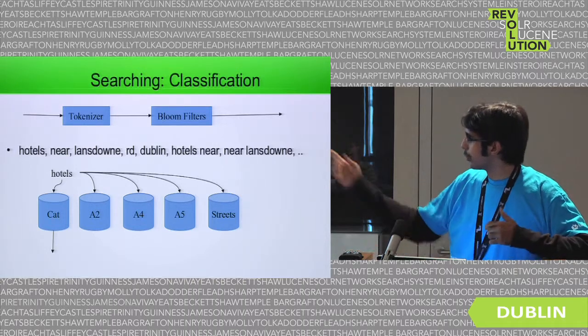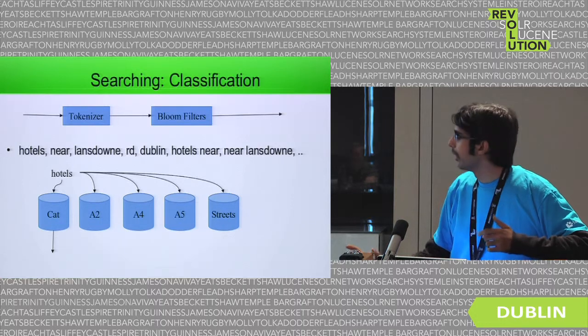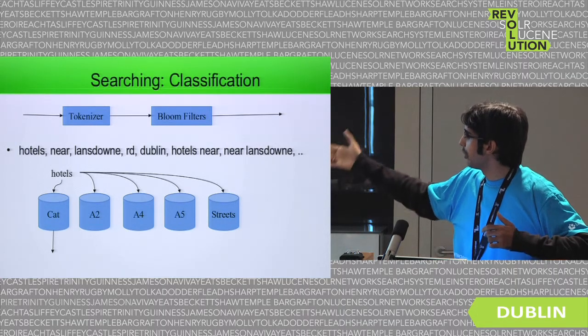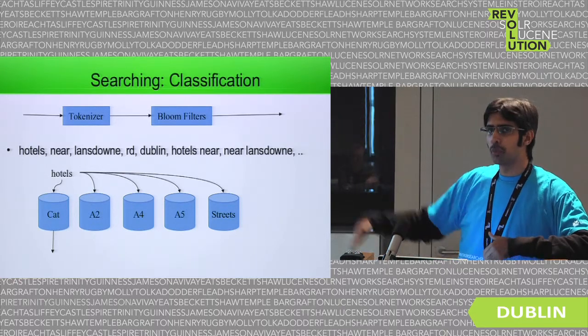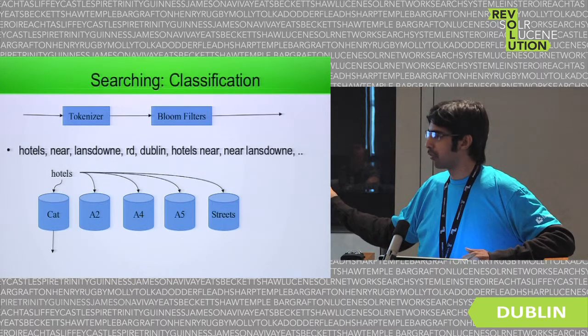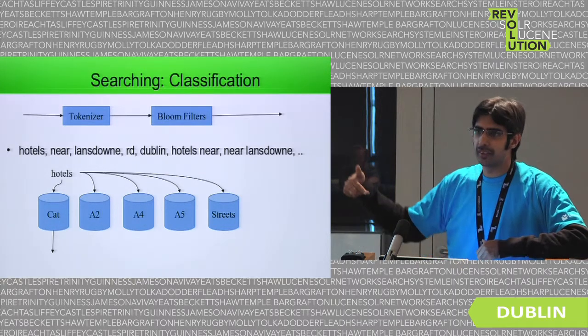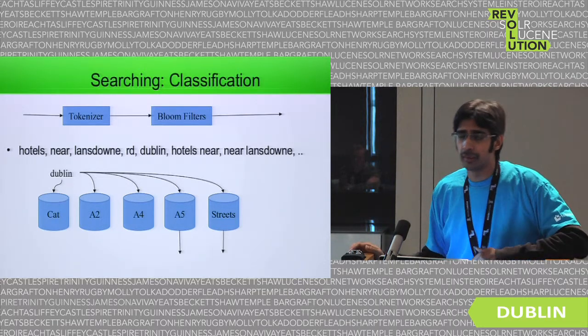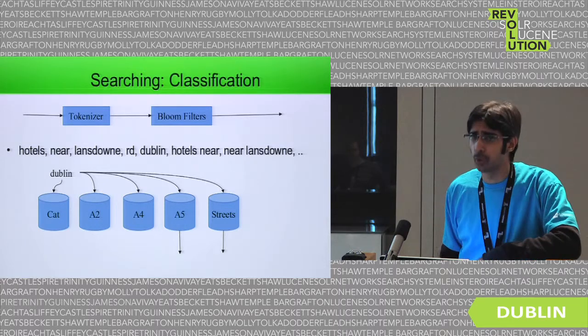So category is one of the fields in the places of interest, then the administrative areas 2 through 5, and streets. Given each shingle, we try to pass them through the Bloom filters to understand which of the possible fields it could belong to. The Bloom filters are populated at the beginning using the term query component of Solr.